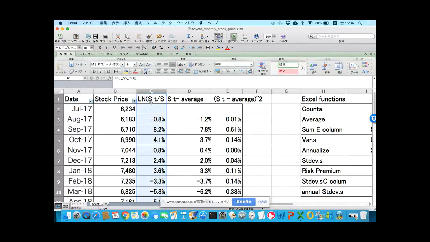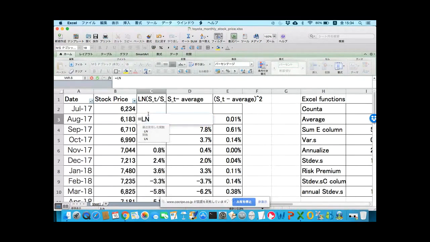So we calculate the growth rate on a continuous compound basis. Here, the first growth rate would be calculated like this. Okay, Ln function. By this, we can get the continuous compound monthly growth rate.